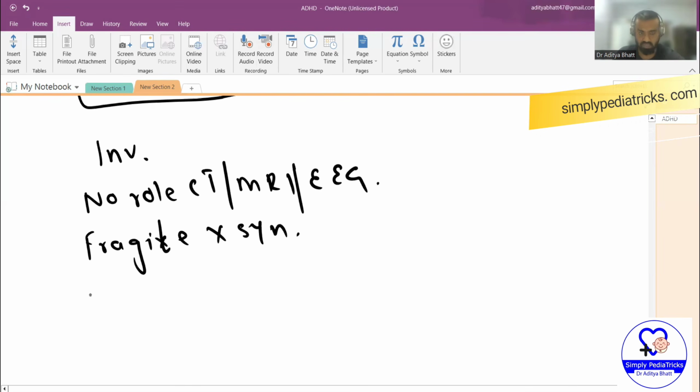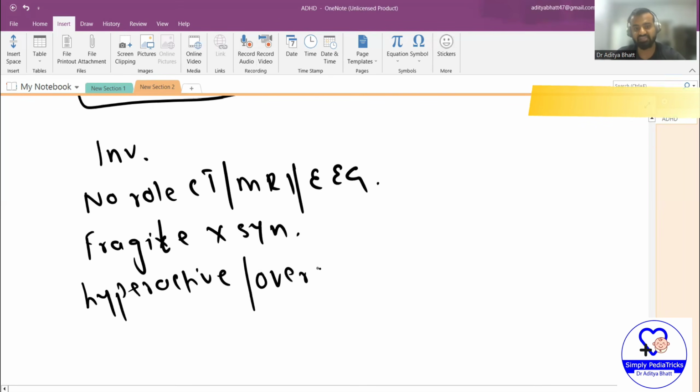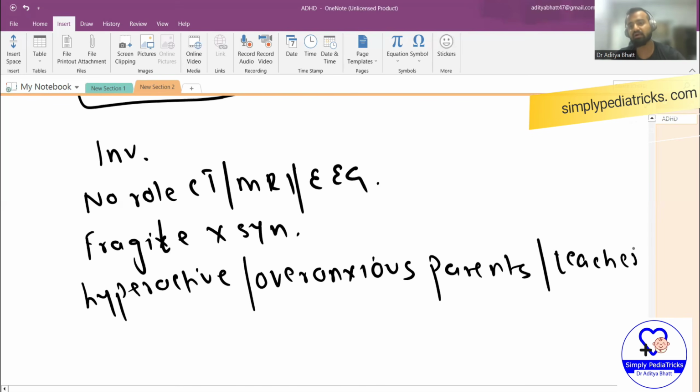Sometimes you also have to rule out over-anxious parents and teachers. They might be over-diagnosing or over-reporting complaints that the child does not have, and this is very, very important.